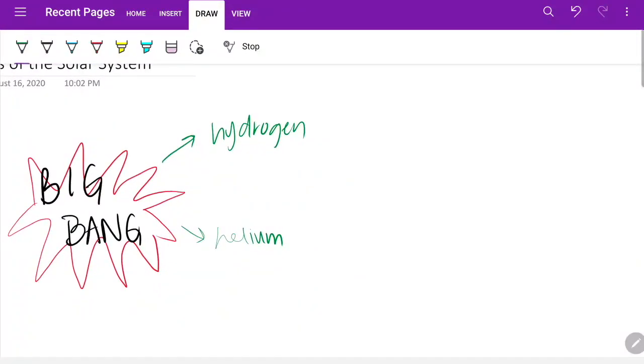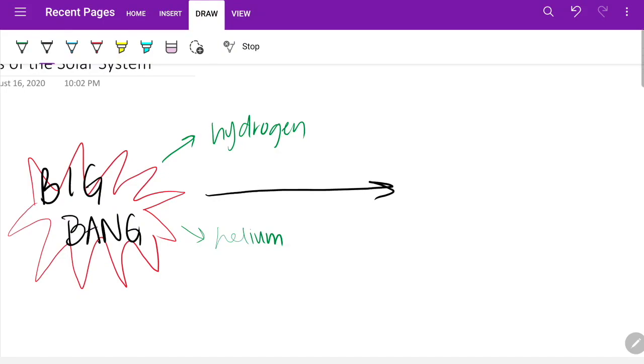And so with the release of these gases, there are a bunch of gas clouds that have formed in the universe, and over time, some of these gases started to come together to form stars. But let's fast forward to the formation of our own solar system.